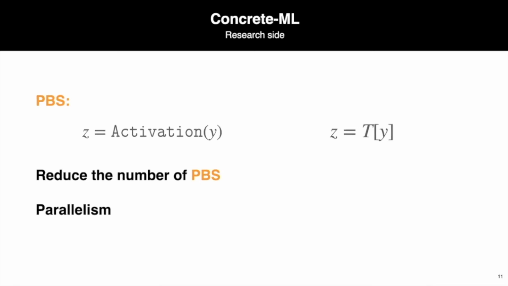So there are some research questions about it, because you start from a continuous function on floats, and you emulate it by a call to a table which operates just on discrete values. So it could modify the goodness of fit a little bit. Also, I told you that it's a very, very painful operation in terms of execution time. So you want to reduce the number of PBS.